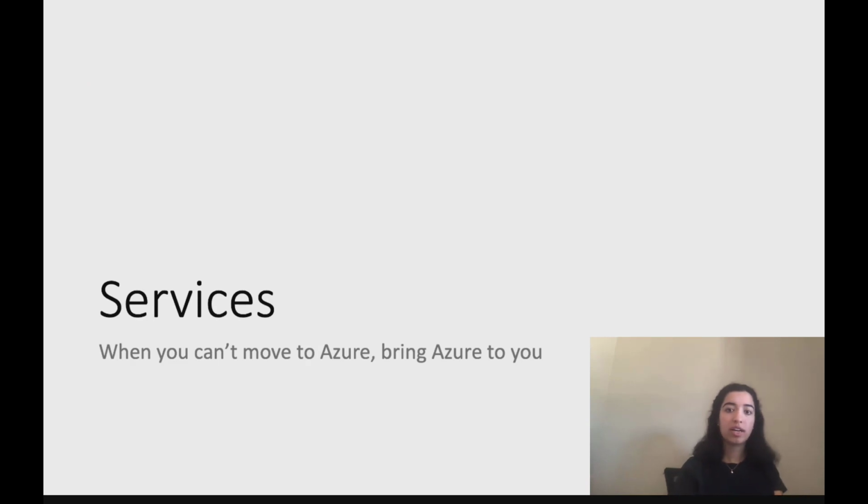Now let's talk about services specifically. For customers who are looking to modernize, we also offer Azure Arc-enabled services. What we like to say is that when you cannot move to Azure, we are bringing Azure to you.